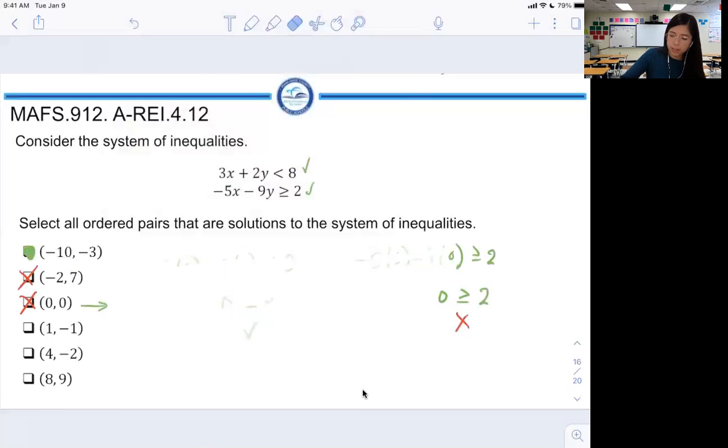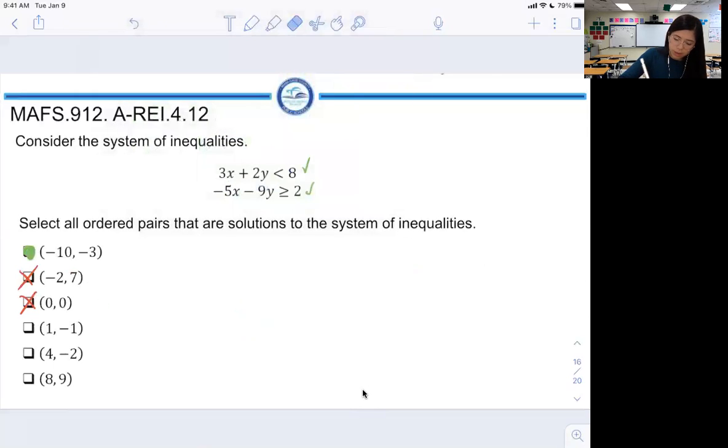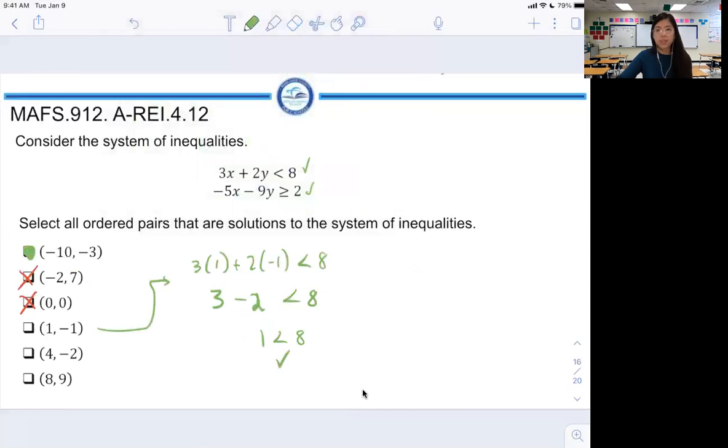Keep it going. Here we go. Now I'm plugging in 1, negative 1. 3 times 1 plus 2 times negative 1. 3 times 1 is 3. 2 times negative 1 is negative 2. 3 minus 2 is 1, and 1 is less than 8. That's good.